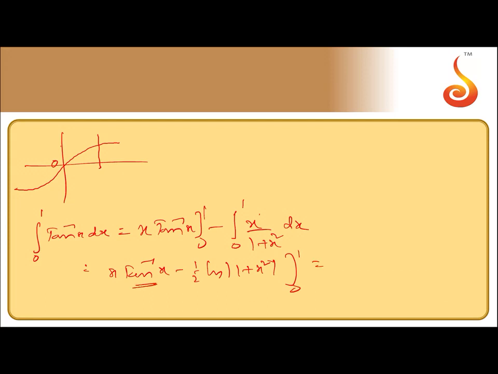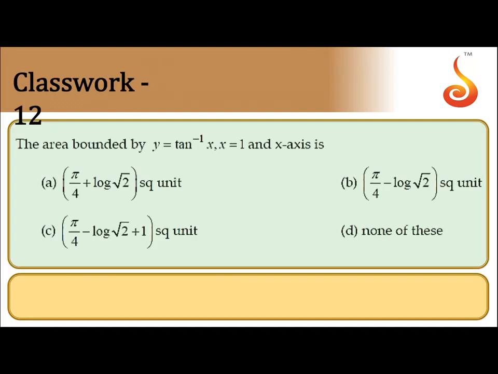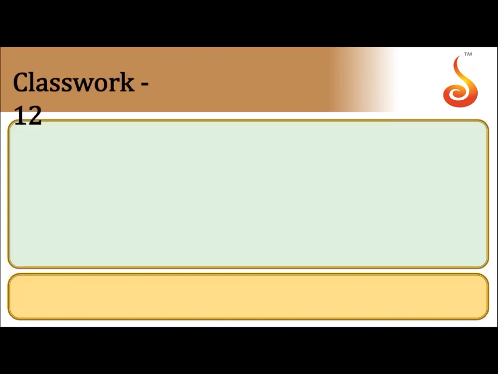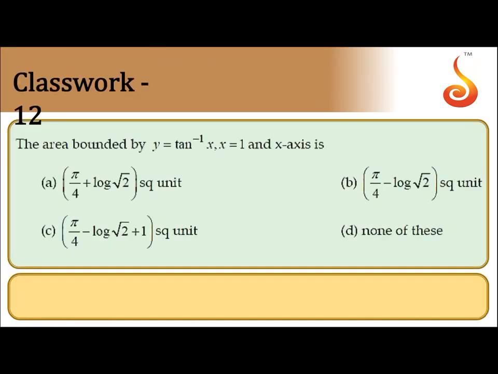If you substitute 1, tan inverse 1 is equal to pi by 4, minus half log 2. Half log 2 can be rewritten as log root 2, so pi by 4 minus log root 2. Yes, of course, option B is the answer.